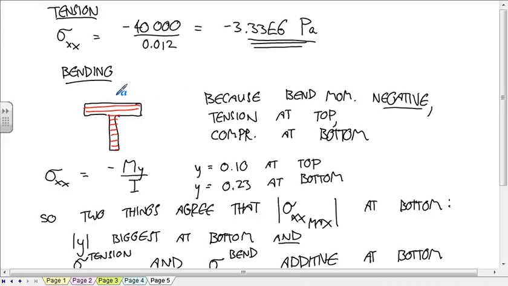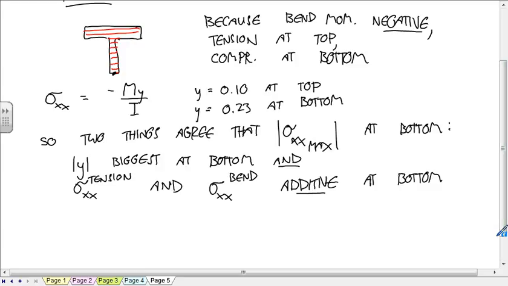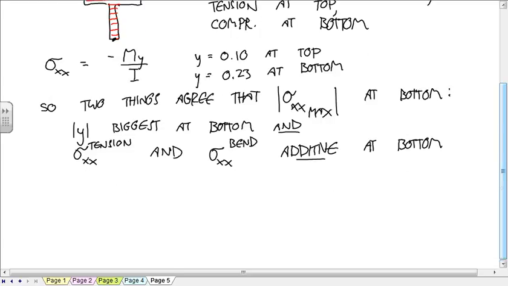Well, in our case, because the stress due to internal tension is compressive, and our biggest stress due to bending is also compressive, then we know that they're happening at the same place where compression is maximum. I don't know. Why don't you just sort of think through that on your own and let me know if you have questions with that. This isn't on the test, but this is an important thing to understand.